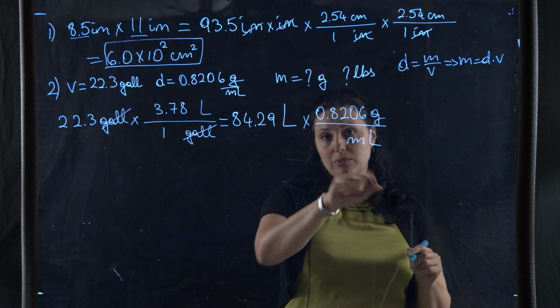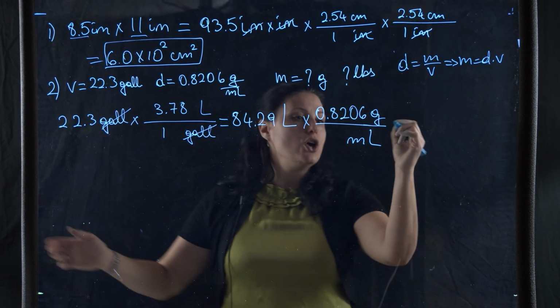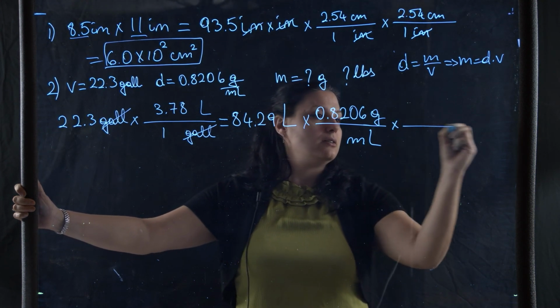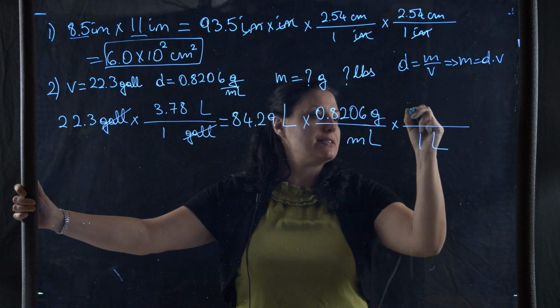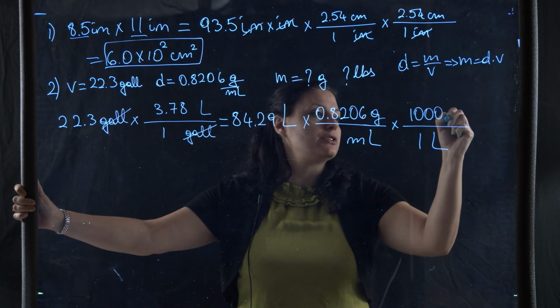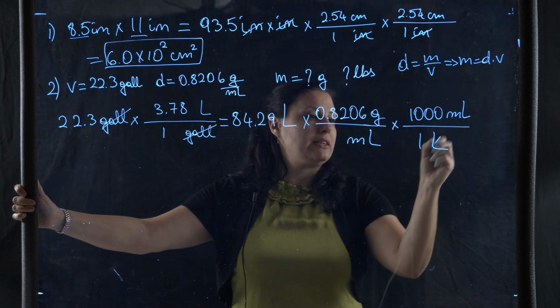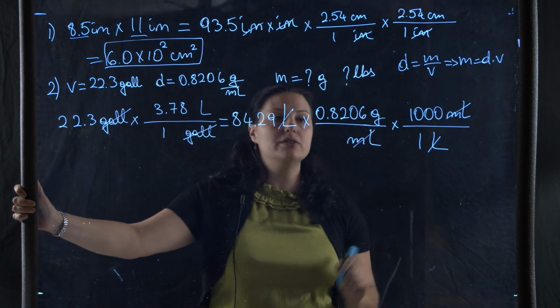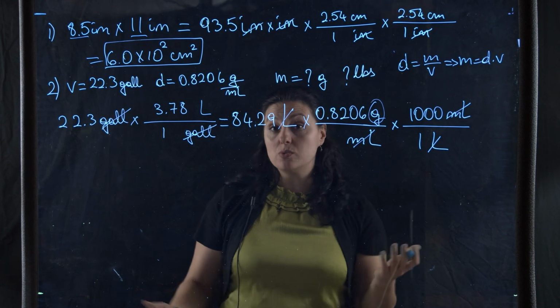I have to convert my milliliters to liters first, which means that I know that 1 liter has 1,000 milliliters. So my liters here will cancel with the liters here. My milliliters will cancel with the milliliters, and I'm left with grams, which is what I wanted.